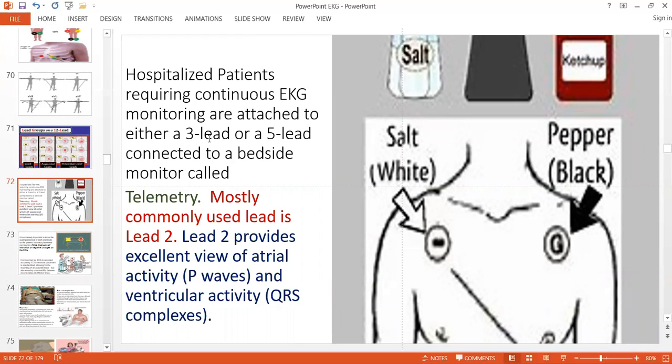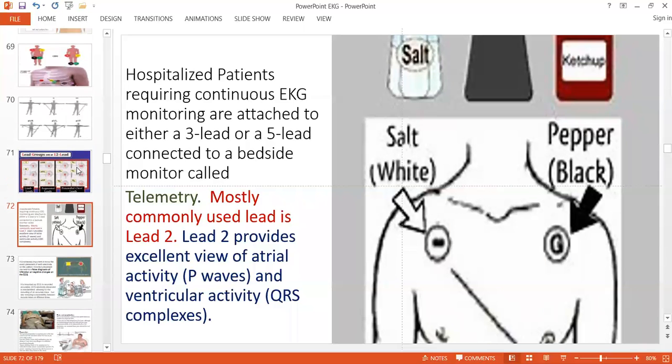When a patient is on telemetry, they're mostly going to be hooked up to lead 2, which records the P wave, which gives the doctor a look at the activity in the atria as well as the ventricles. So instead of 10 leads, they will only have either a 3-lead or a 5-lead EKG.